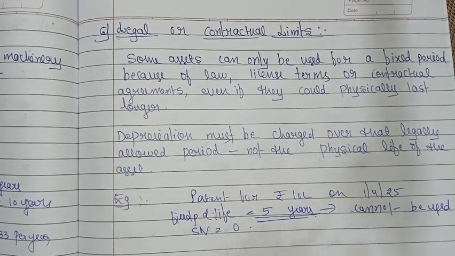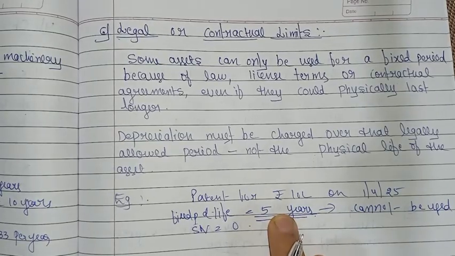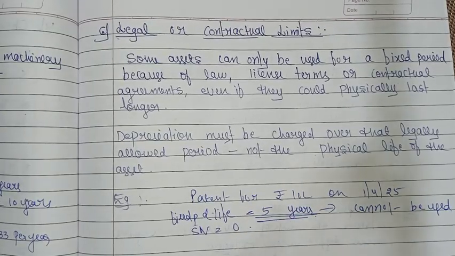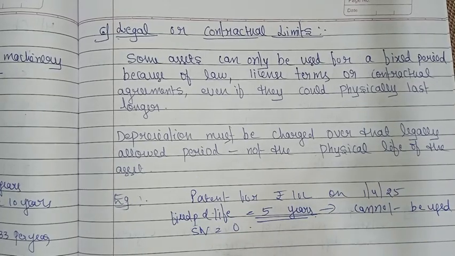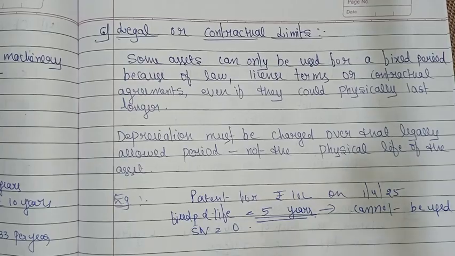Even if the patent could potentially generate income for 10 years, meaning it could physically last longer, the law restricts its use to only 5 years.